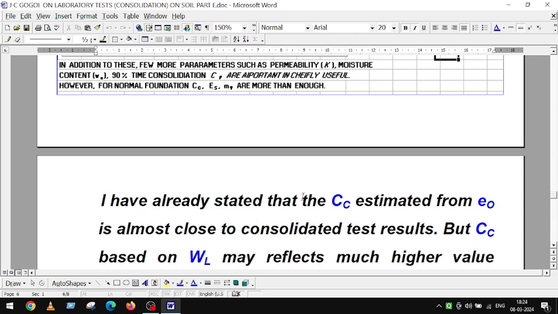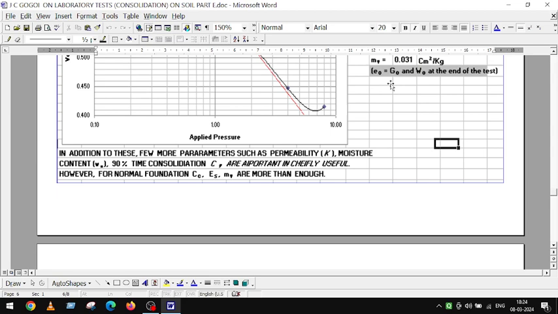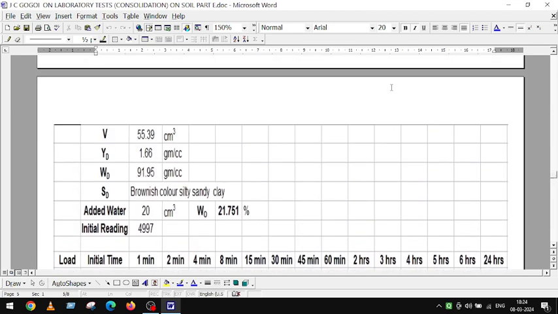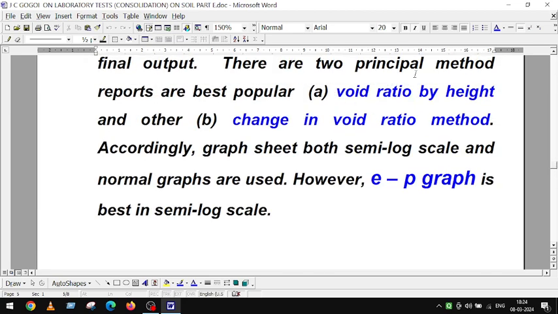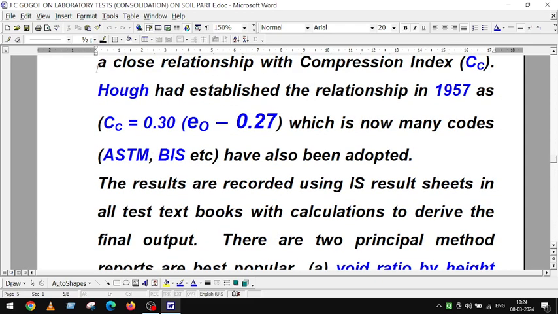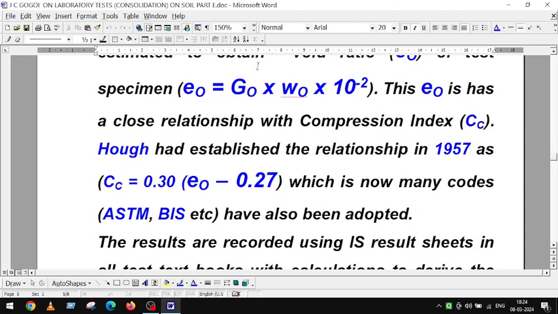I have already said that this E0 is determined from the soil moisture content after completion of the test, using that equation. In this equation, we have to calculate this E0 from specific gravity and soil moisture.